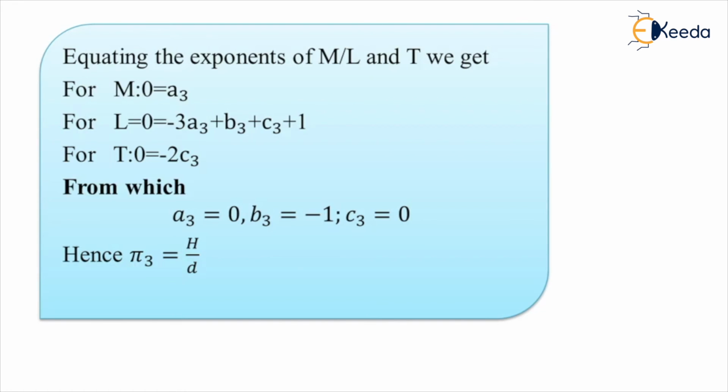Similarly for T, we have minus 2c3 is equal to 0. From these equations, we get a3 equal to 0, b3 equal to minus 1 and c3 equal to 0. Hence, pi 3 is equal to H upon d.